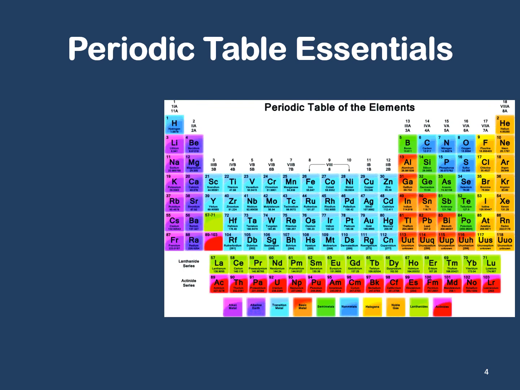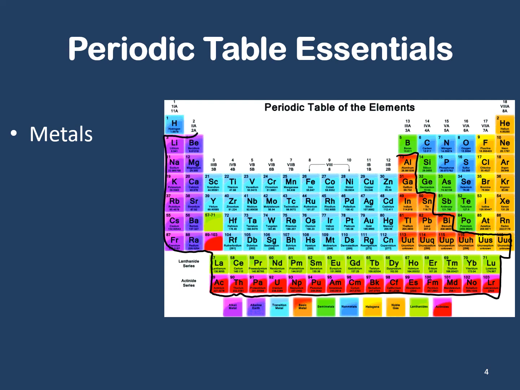So let's talk about the periodic table a little bit. There are a number of parts of the periodic table that you need to be well versed with. There are the metals, which is basically everything to the left of this green area. Everything I've outlined in black is a metal.